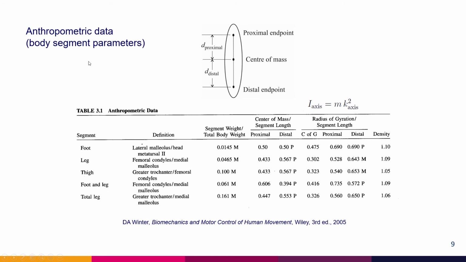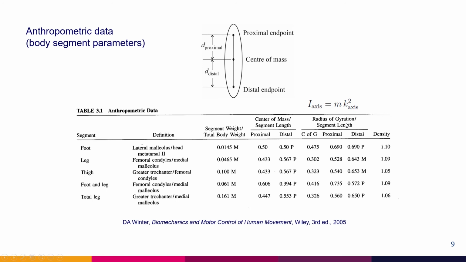And this table shows the body segment parameters for the leg. So we have a column here which says what the segment is, its definition, the segment weight divided by body weight, that's overall body weight, and then the location of the center of mass relative to the upper and lower ends of the segment, and something called the radius of gyration.